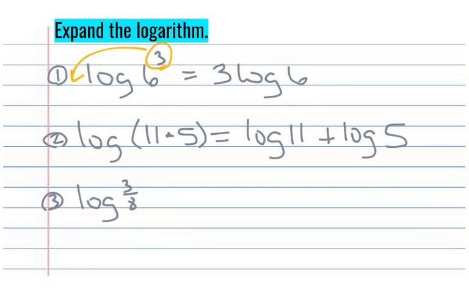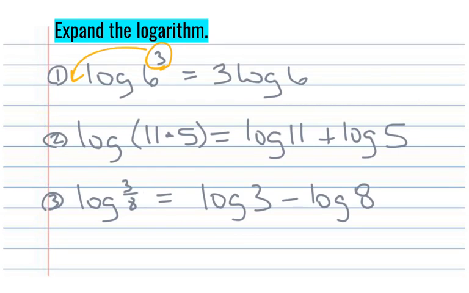On the division property, we can expand this into two separate logs that are going to be the difference, or subtracted from each other. Whatever is on top, your 3, which is your numerator, is what you're going to start with first. So it's going to be log 3 minus whatever is in your denominator next, log 8. Not too shabby, right?